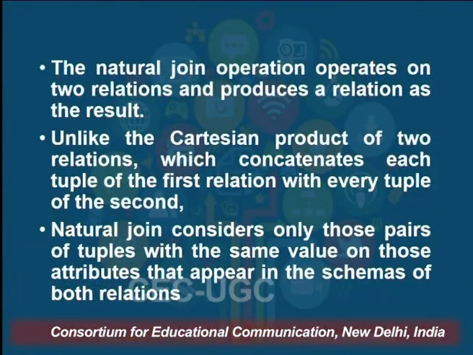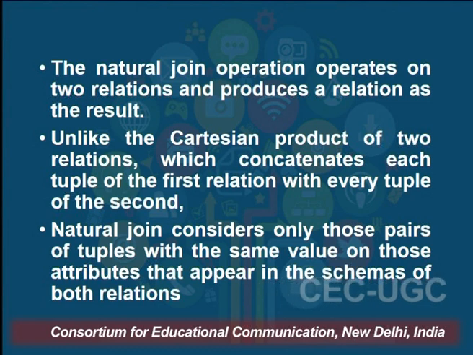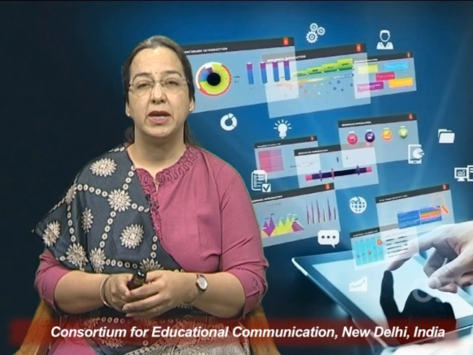So what is the difference? The first question that comes up in our mind is, what is the difference between Cartesian product and join? So let us see that. Unlike Cartesian product of two relations, which concatenates tuples of the first relation with every tuple of the second relation, in Cartesian product one tuple of the first relation is taken and joined with all the tuples of the second relation.